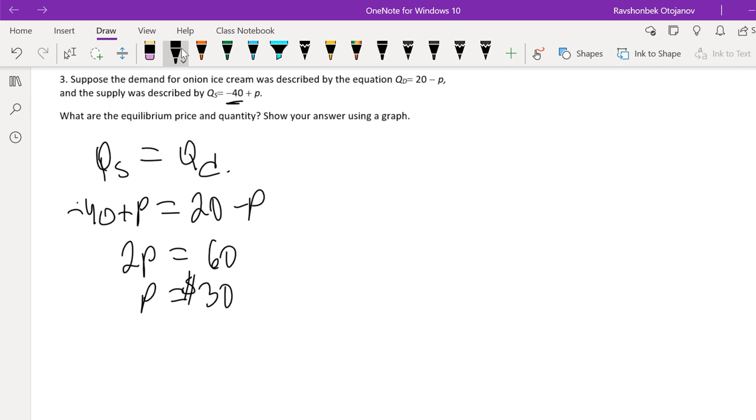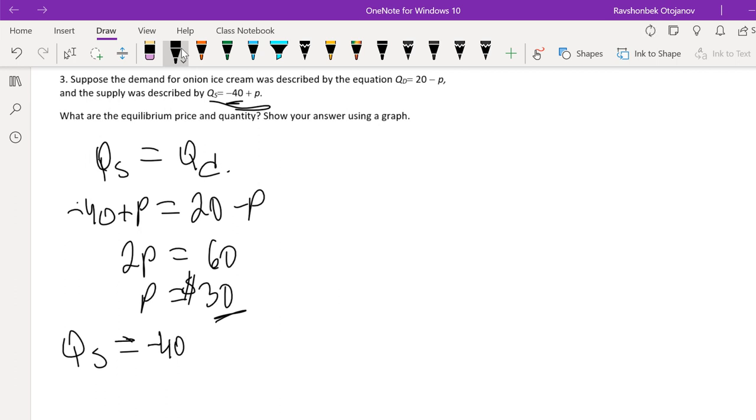Because this has a negative intercept, that makes it a slightly odd looking supply curve. That made me rethink my initial attempt. Now let's plug this into any of these equations. It doesn't matter which one you choose, so let's take the supply equation.